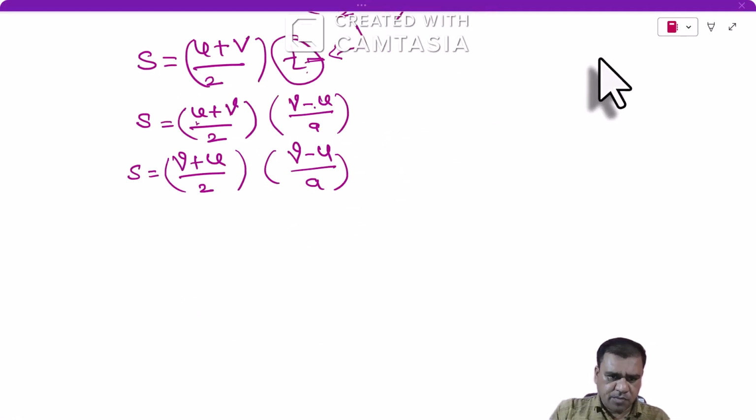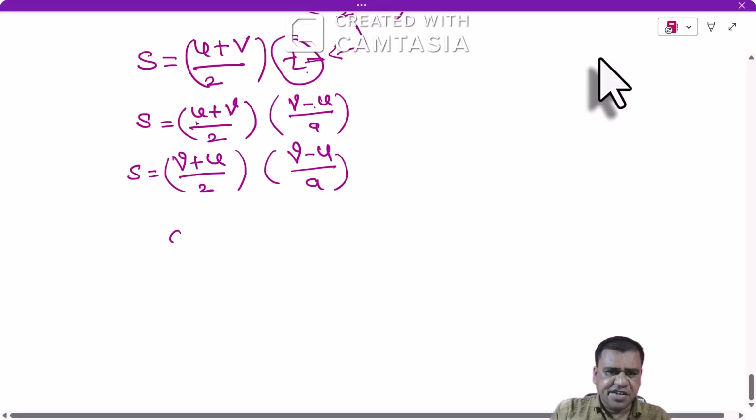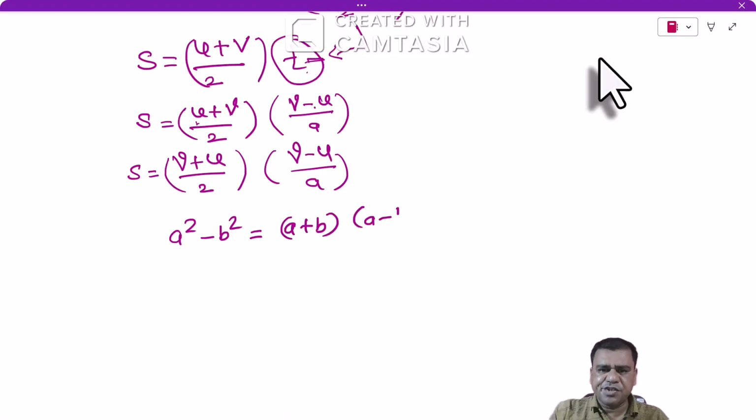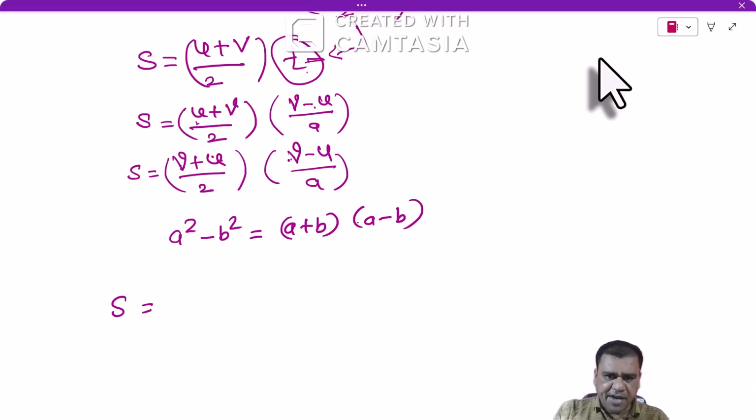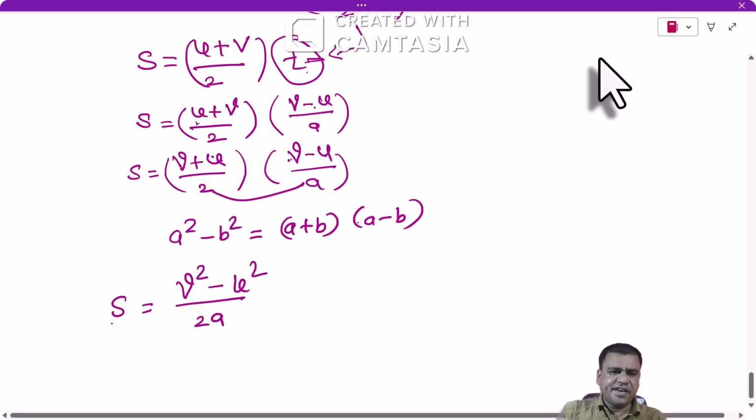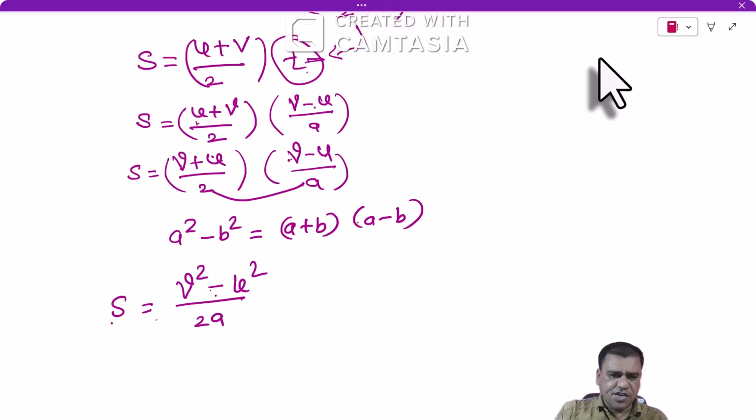Now we know one of the algebraic formulas, that is a square minus b square is equal to (a plus b) into (a minus b). Use this formula here, we get s equals, this is v plus u and v minus u. It can be written as v square minus u square, and this is 2 into a, that is twice of a. We get s is equal to (v square minus u square) divided by twice of a.